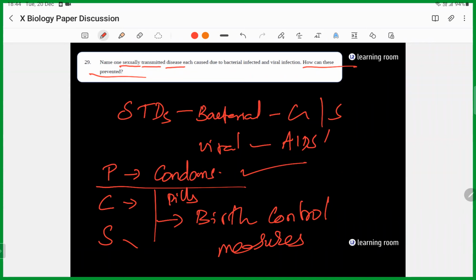Birth control methods are not meant to stop transmission of sexually transmitted diseases, but they are birth control methods. Just keep in mind the differences between both of these conditions. Okay, sir.